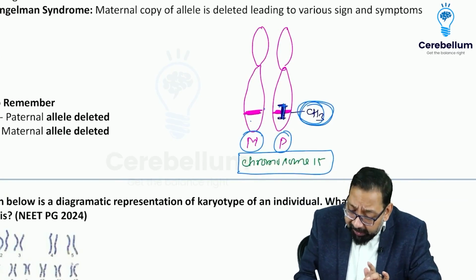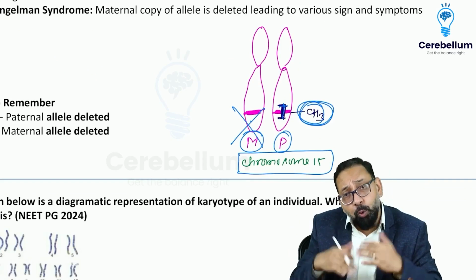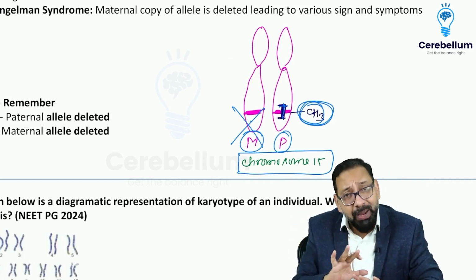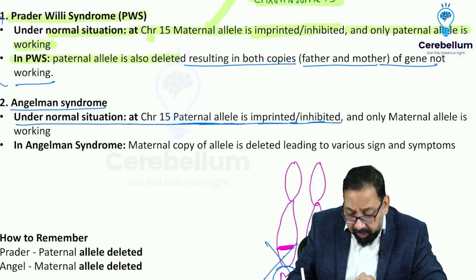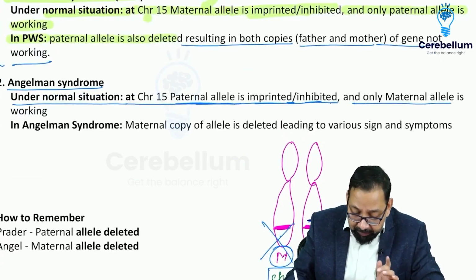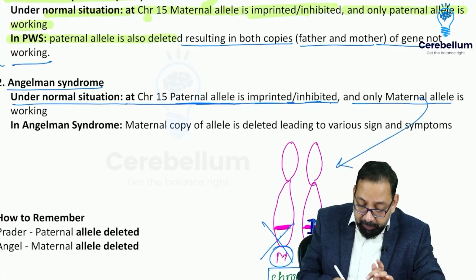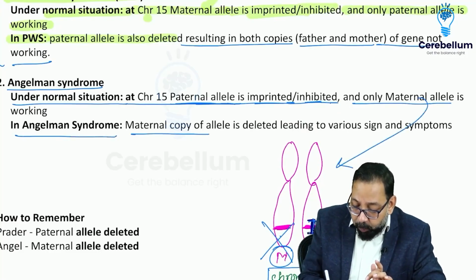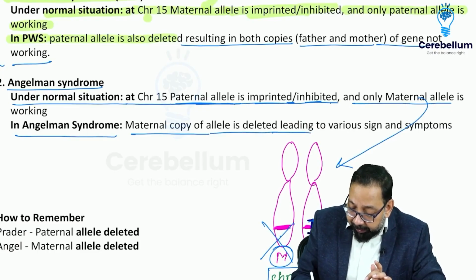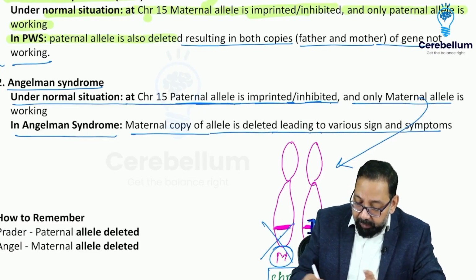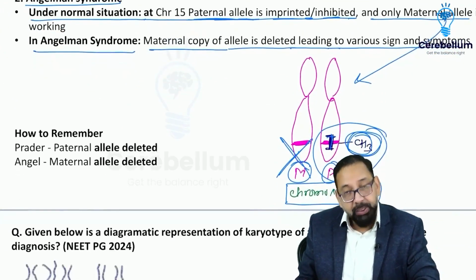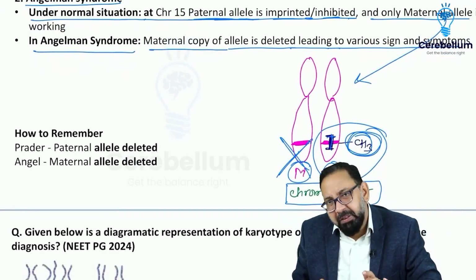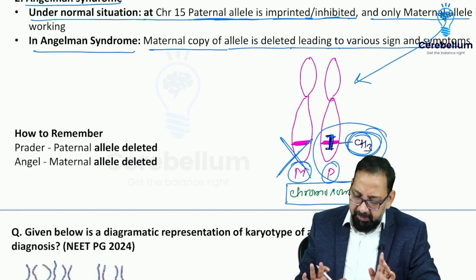If the mother allele is deleted, now both copies will be lost, meaning neither of them is working. On chromosome 15, the paternal allele is imprinted or inhibited and only the maternal allele is working in this case. In Angelman syndrome, the maternal copy of the allele is deleted, leading to various signs and symptoms. Maternal is deleted, paternal was already imprinted, no working allele, and that will lead to Angelman syndrome.